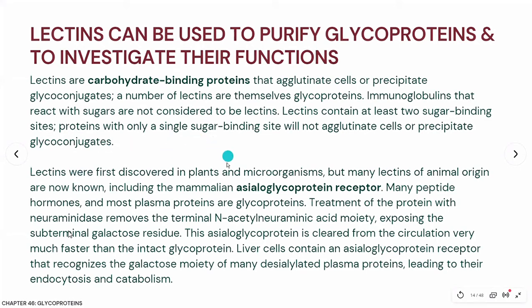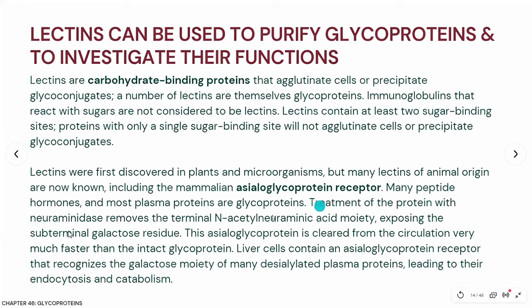Lectins were first discovered in plants and microorganisms. But many lectins of animal origin are now known, including the mammalian asialoglycoprotein receptors. Many peptide hormones and most plasma proteins are glycoproteins.